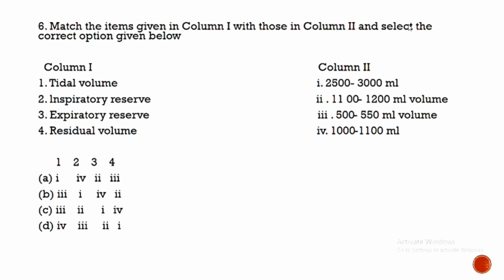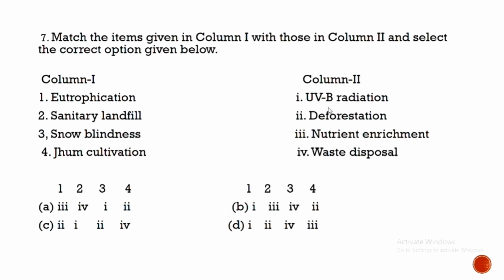Now going to question number 7. Column 1, eutrophication. What do you mean by eutrophication? Eutrophication is a nutrient rich condition of the environment.